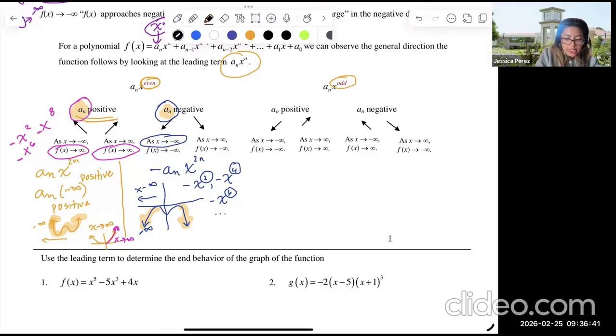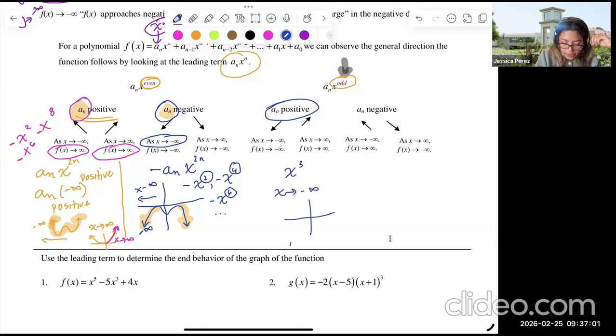Now those things change if my polynomial is an odd polynomial. If I have an odd polynomial and a sub n is positive, then I have a scenario like x to the third. What happens as x goes to negative infinity?